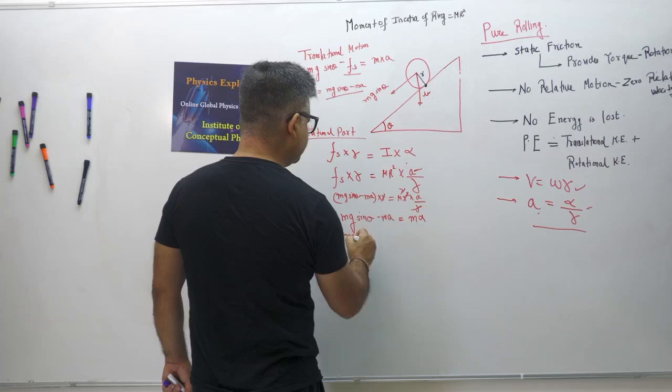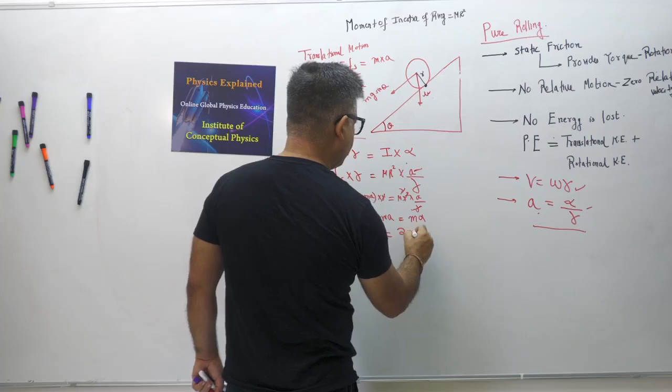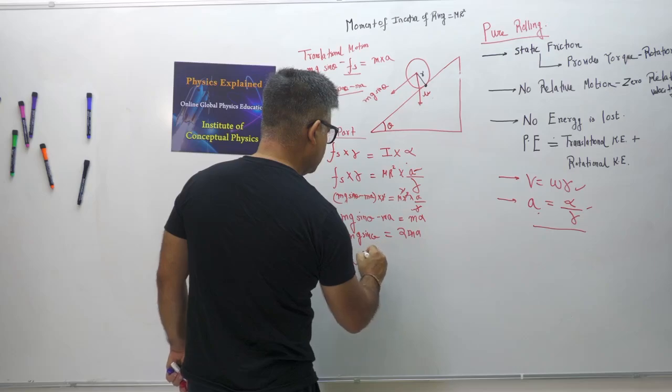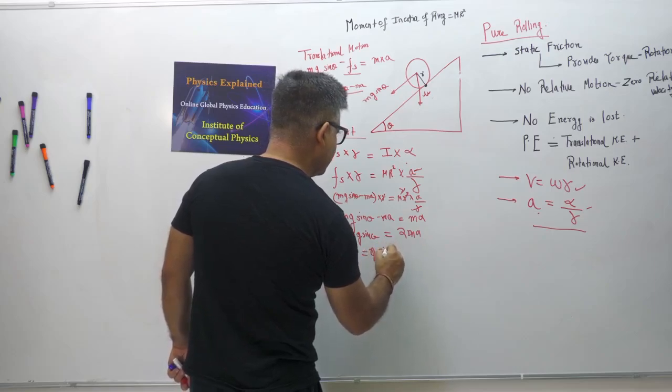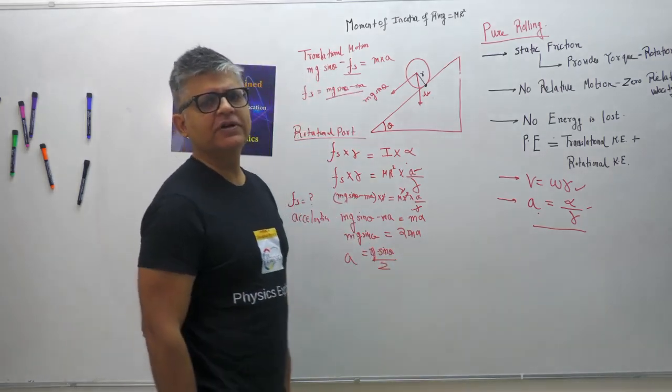So mg sine theta is equal to 2ma, and the acceleration comes out to be g sine theta by 2. This is the acceleration of the ring.